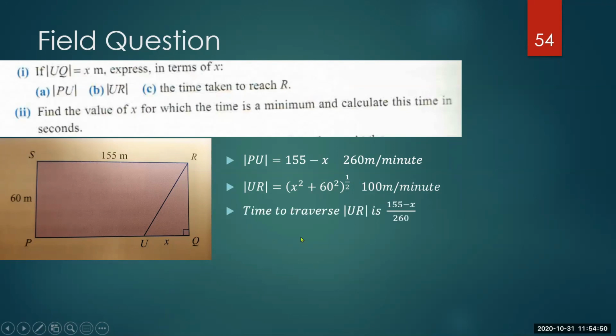So the time to traverse UR is, sorry, there's a mistake there. The time to traverse, that should be PU.